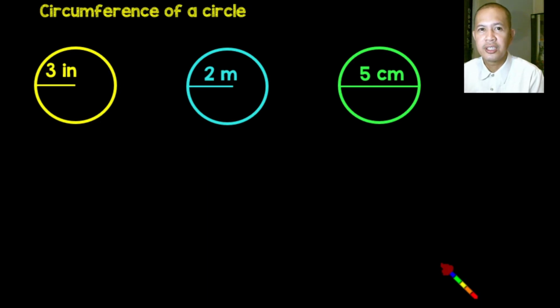For today's video, we're going to study circumference of a circle. Circumference of a circle is the total distance around a circle. To find the circumference, we're going to use the formula circumference, or C, is equal to pi times diameter.